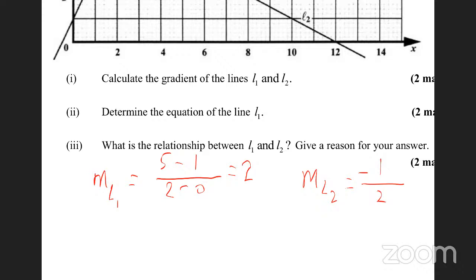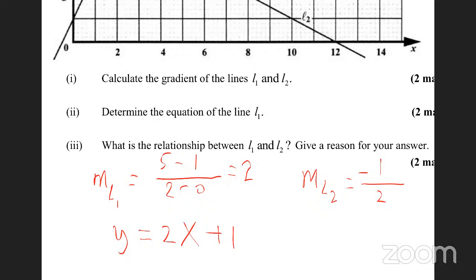Now go ahead, find the equation of L1. It should be real easy. How do you find the equation again? Y is equal to mx plus c. What's the gradient for L1? 2. What's the y-intercept for L1? 1. Everything is right there.